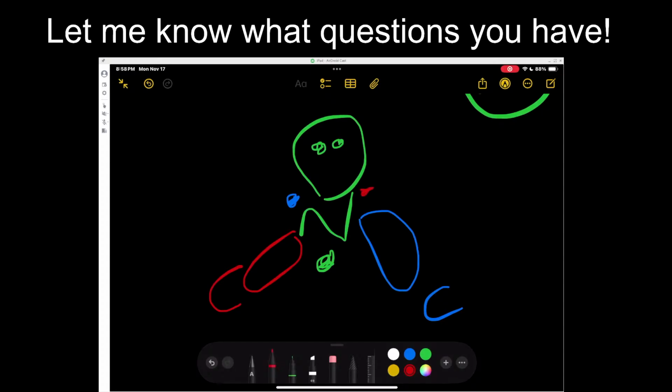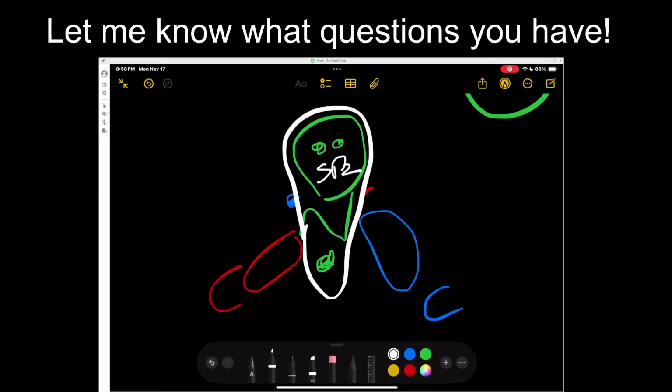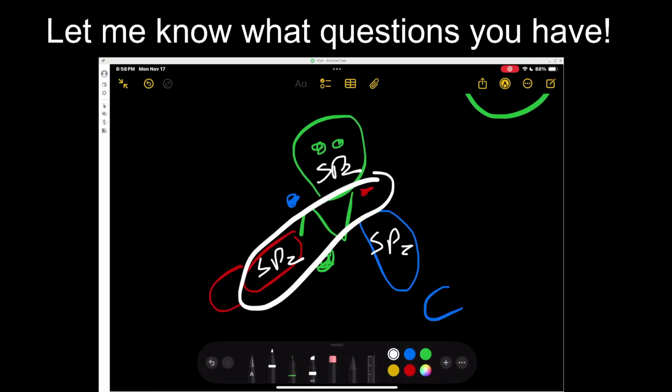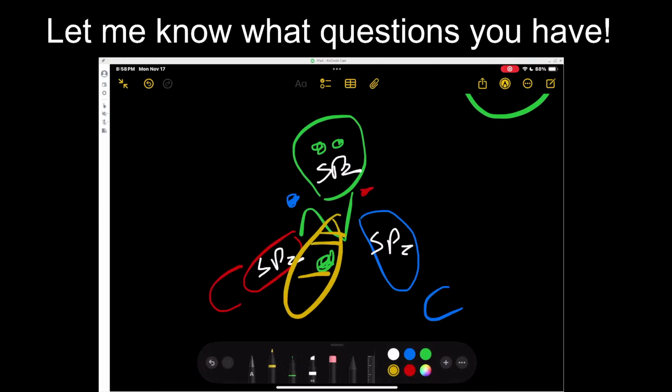So there's my 3 sp2s. There's one sp2 in that area, here's another sp2 in that area, and here's another sp2 in that area. And the pz is coming out at me, going away, and it's bonding towards this carbon here.